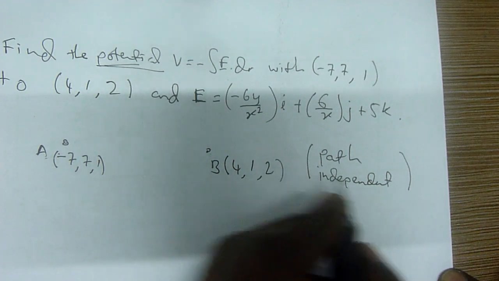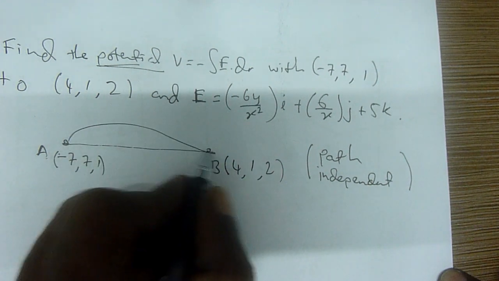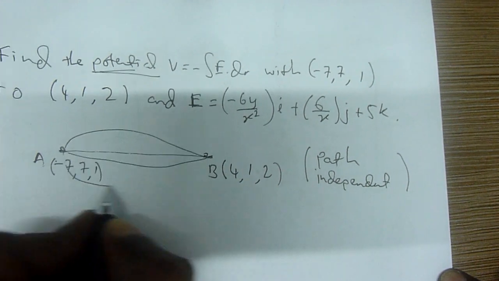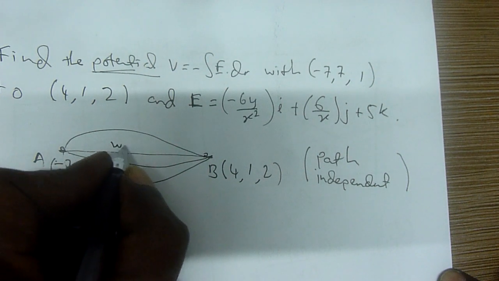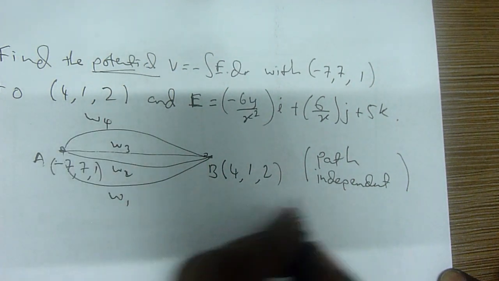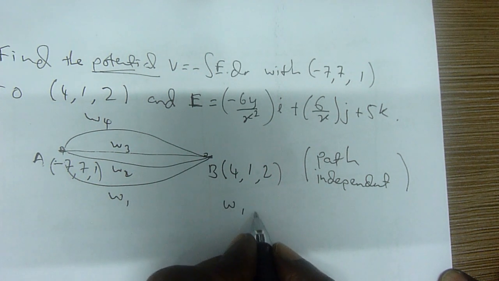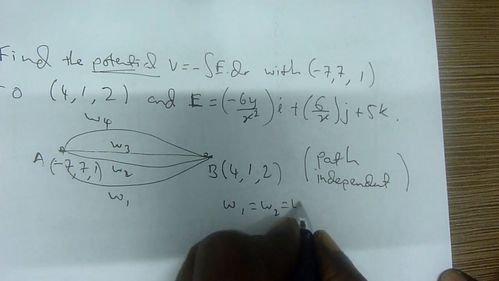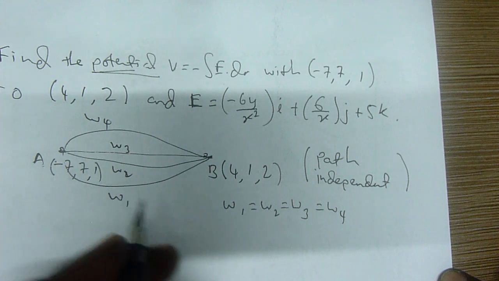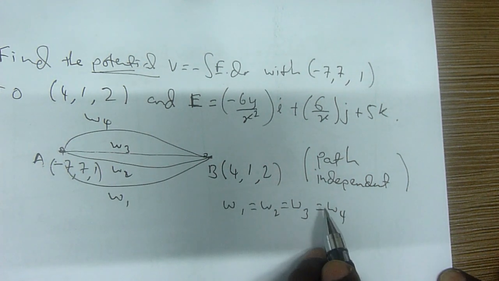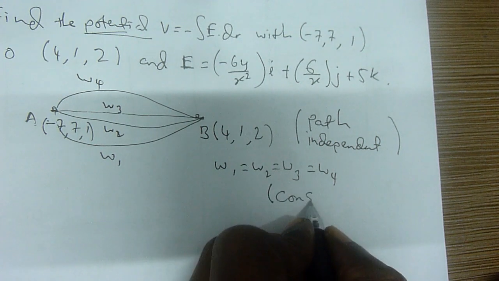The relationship between A and B can be path independent when, if there is work 1, work 2, work 3, work 4, and we can identify that work 1 equals work 2 equals work 3 equals work 4, then immediately we can say path independence exists.